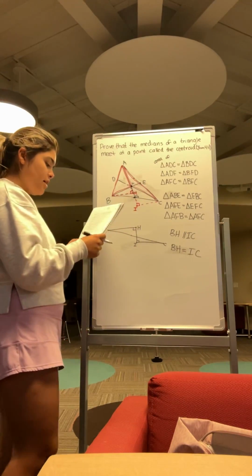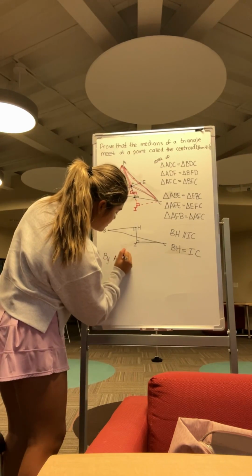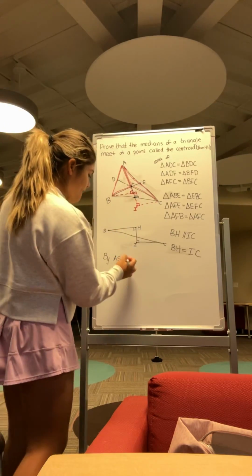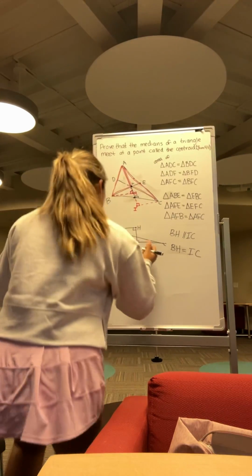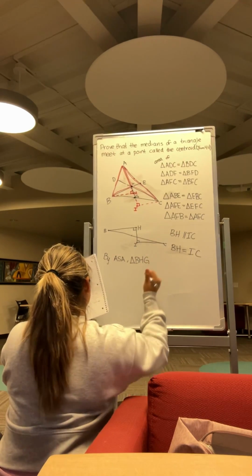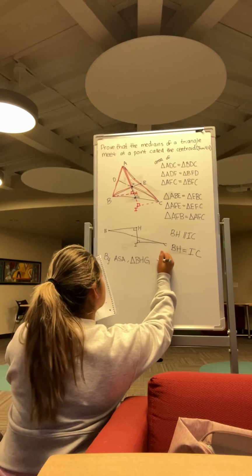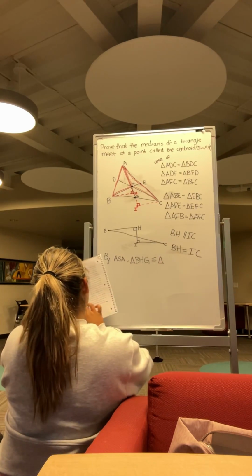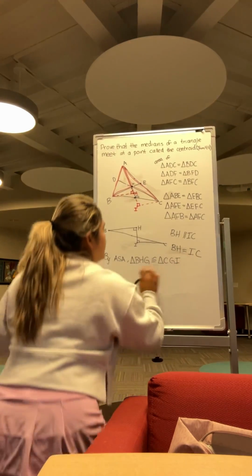Then by angle, side, angle, we say that triangle BHG and triangle CGI are congruent.